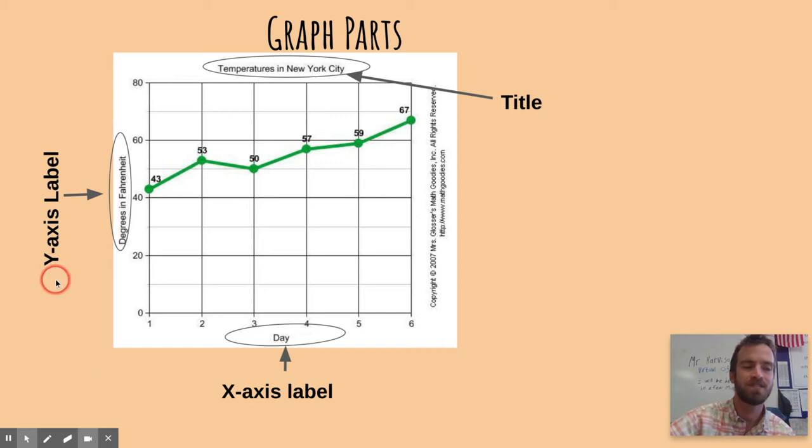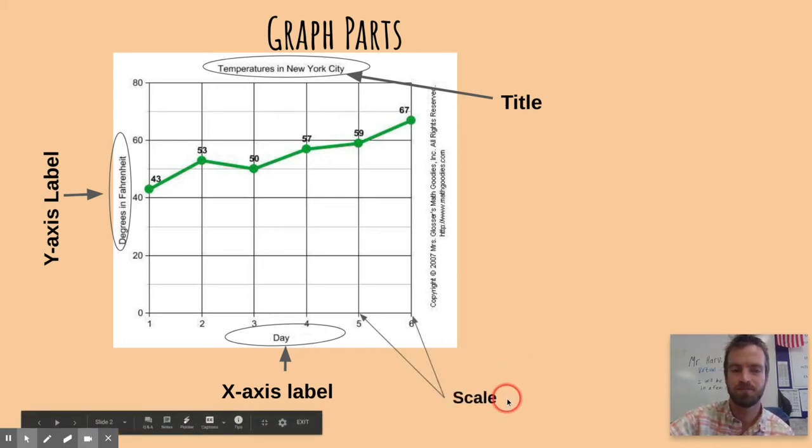And this is oftentimes the dependent variable. We call it the dependent variable because it depends on the day. It changes each day. The days don't care what temperature it is, but the temperature changes every day. So in this one, the y-axis is dependent on the x-axis.